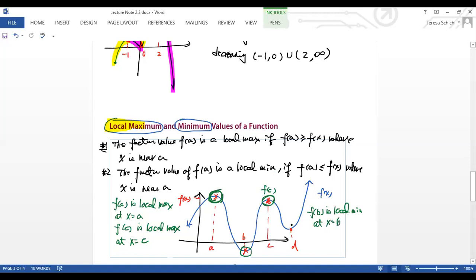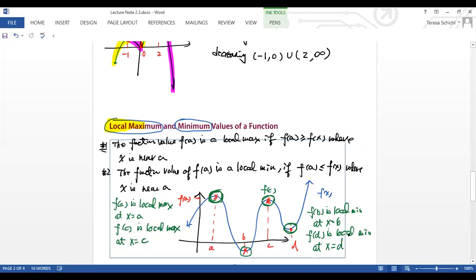The same thing here: f of d is larger than f of b, but if you compare just across a very small neighborhood, d is still at the bottom. So f of d is also a local min at x equal to d.